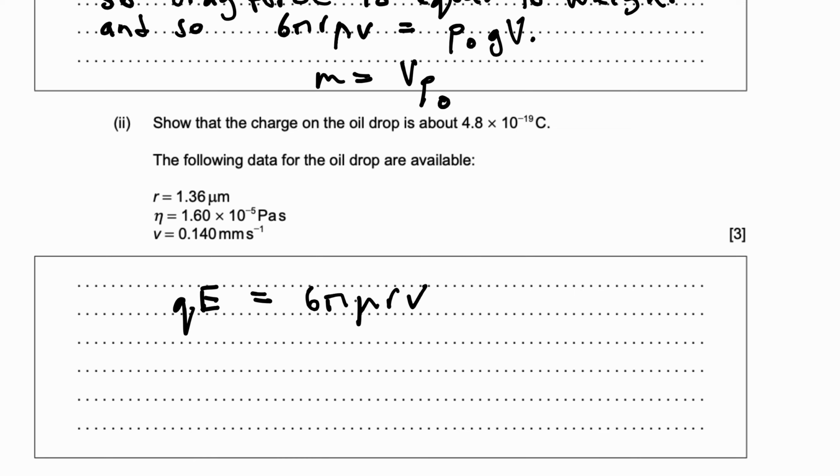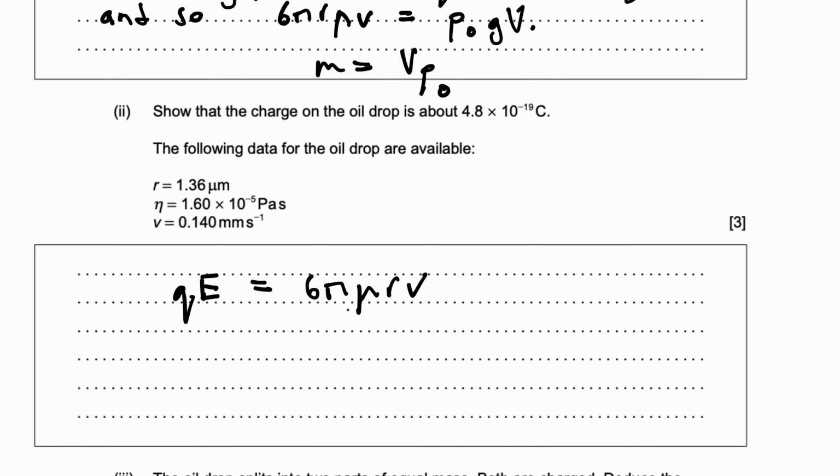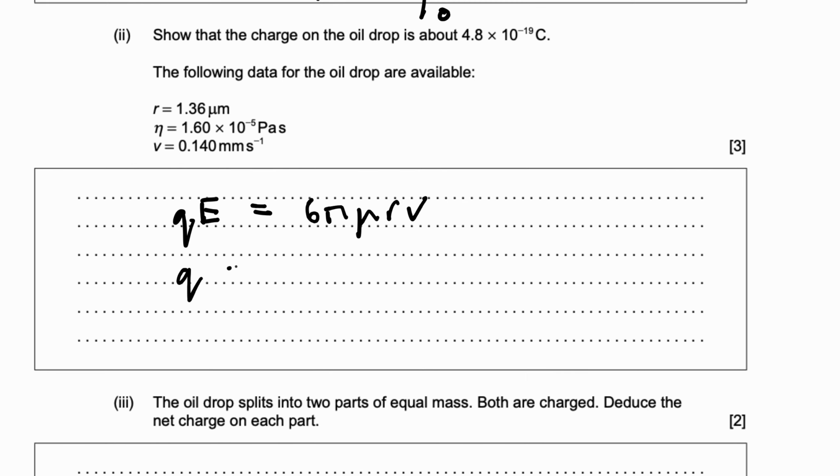Now, I need to find out what's the charge. So simply, I can just divide: Q is equal to 6 pi eta rv over E. And what does this give me?